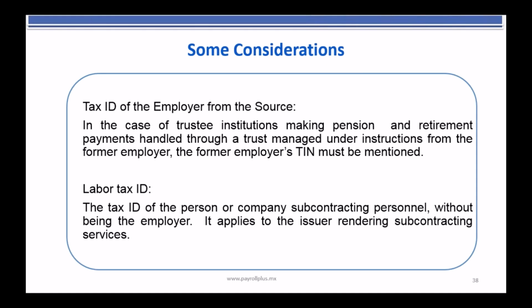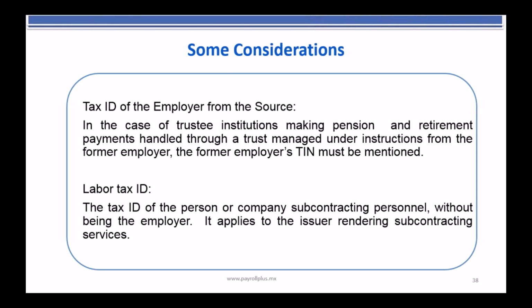Another consideration is the tax ID of the person or company subcontracting personnel without being the employer. This only applies to the issuer rendering subcontracting services. As mentioned, the authority is going after the subcontracting companies.